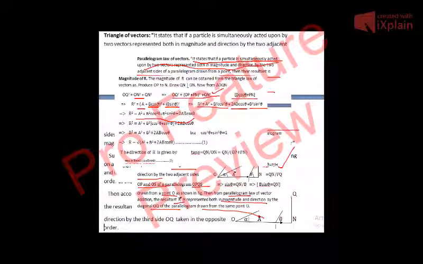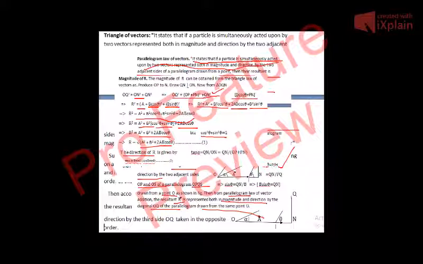So taking B square common, we get R square is equal to A square plus B square times cos square theta plus sin square theta, plus 2AB cos theta. And this implies R square is equal to A square plus B square plus 2AB cos theta, because cos square theta plus sin square theta is equal to 1. So this implies R is equal to the under root of A square plus B square plus 2AB cos theta.